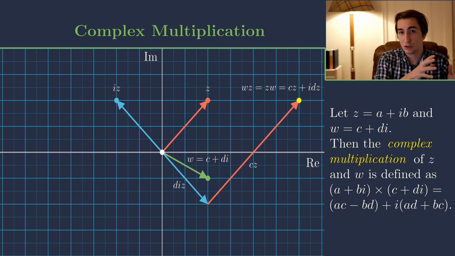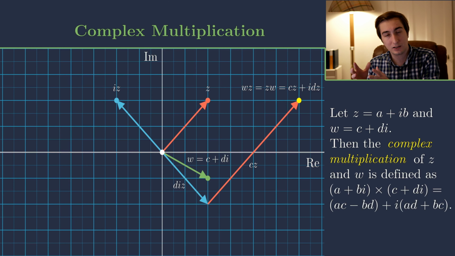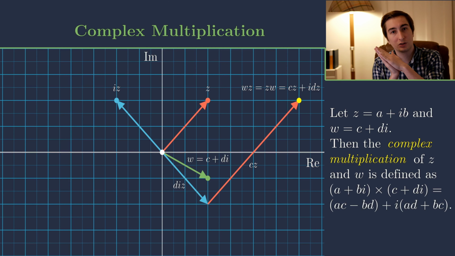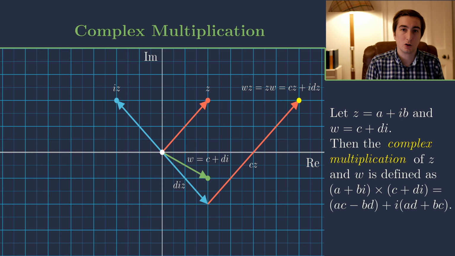So there's this connection between this useful algebraic way of multiplying things, but really all it translates to in this geometric picture is multiplying by complex numbers just corresponds to rotating them and then stretching them by the modulus of that complex number.